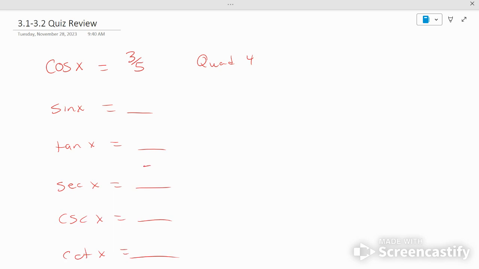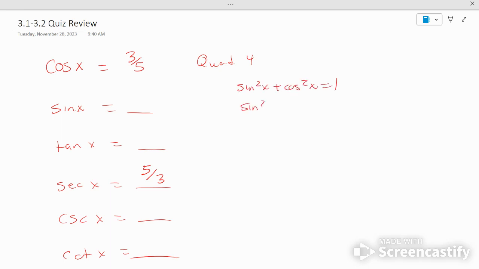We got a 5/3 for secant right off the bat because it's just reciprocal. Next one to find: if I have cosine, what's my Pythagorean identity? I know that sine squared of x plus cosine squared of x equals 1.